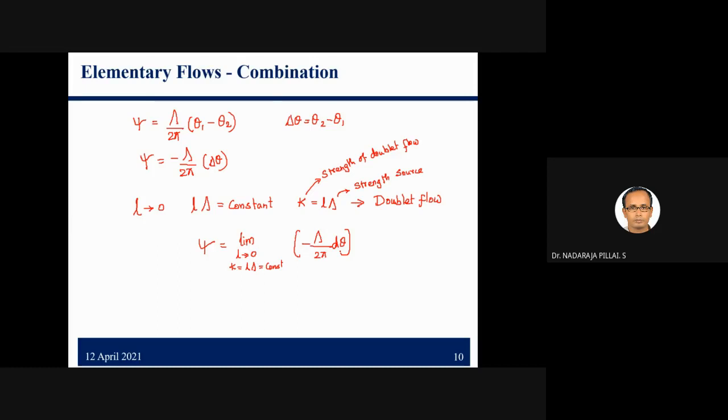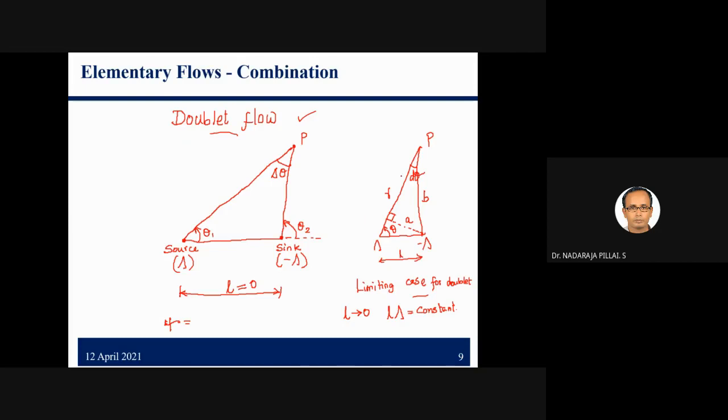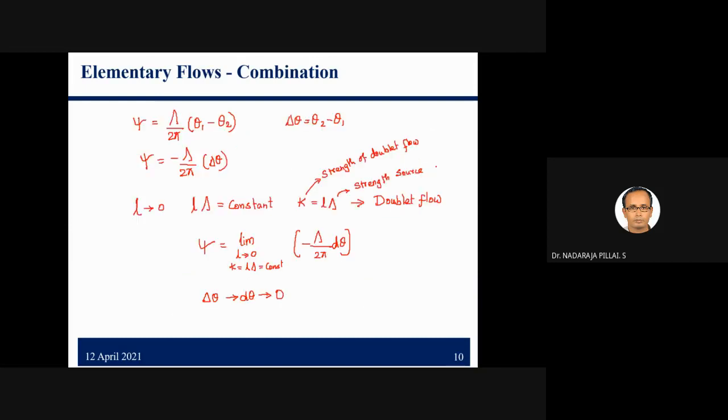So please note, if del theta becomes d theta, by considering L becomes 0, then d theta also becomes 0. This is the limiting case. d theta also becomes 0 when source and sink lie at the same point.